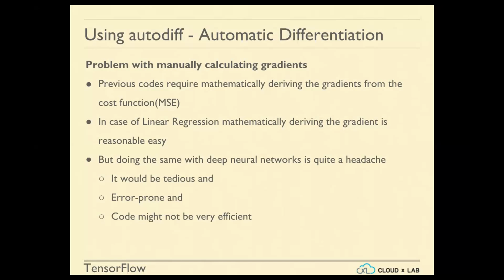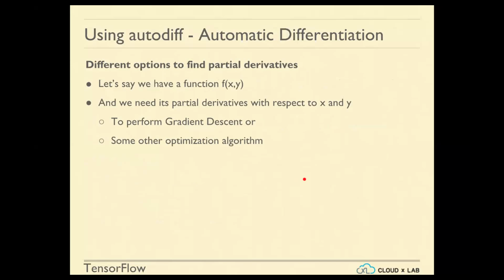Therefore, the traditional way, the one that we learned in 12th class in high school, the differential calculus, is not really efficient or possible in many practical scenarios. And this is where autodiff comes into play. Let us say we have a function f(x, y).